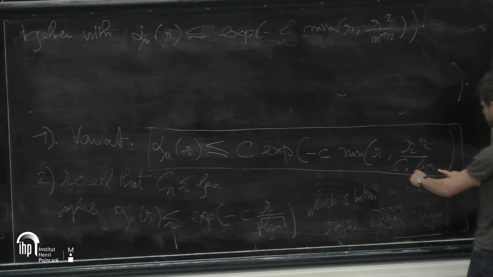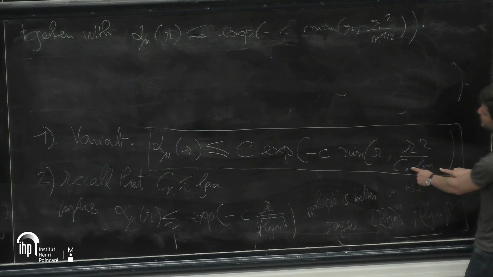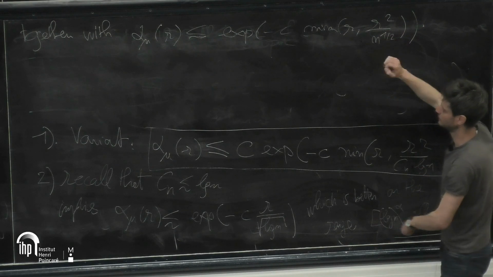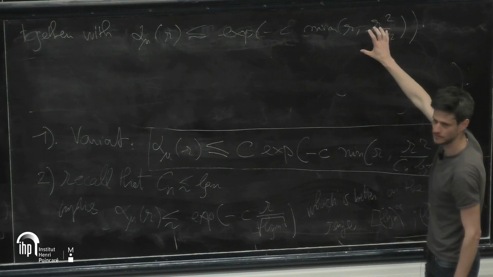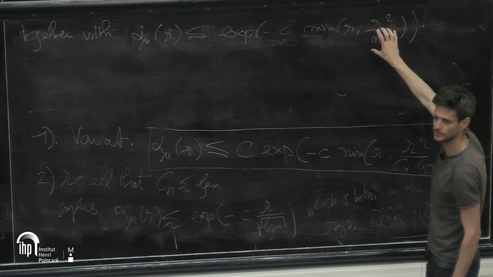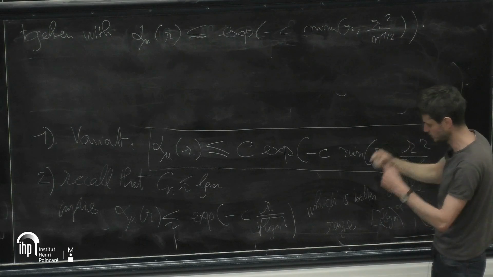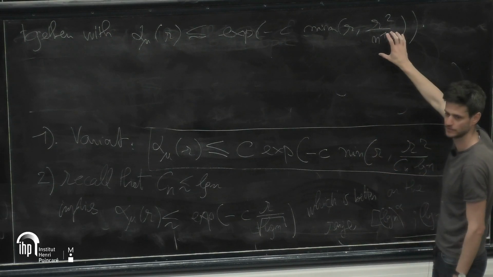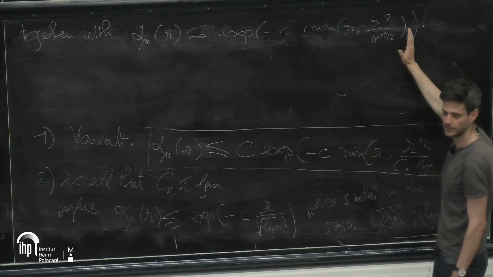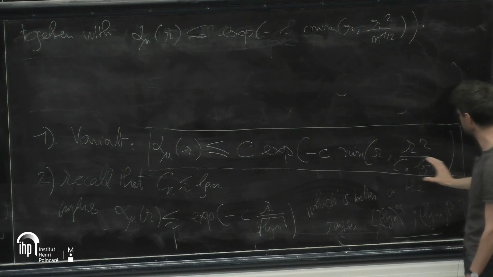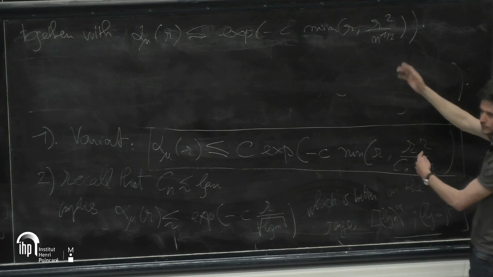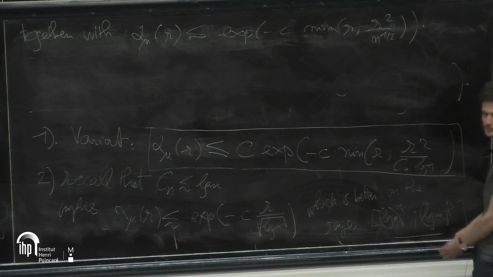So you could ask, can you remove the log n from here? No, you can't. Or I don't know if you can, but in their analysis there was a very complicated thing to remove the log n, and it only works if you have some polynomial type estimate for the KLS constants. Now that we know some logarithmic bound, their argument doesn't work, so it doesn't help me remove this log.